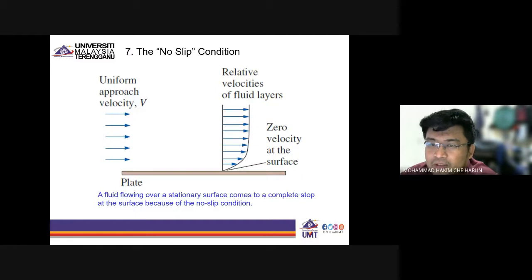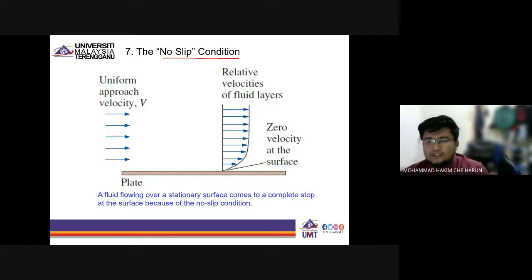When Reynolds studied fluid mechanics, he started by using the assumption of the no slip condition. What is the no slip condition?